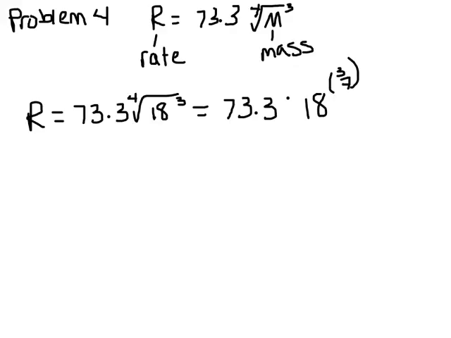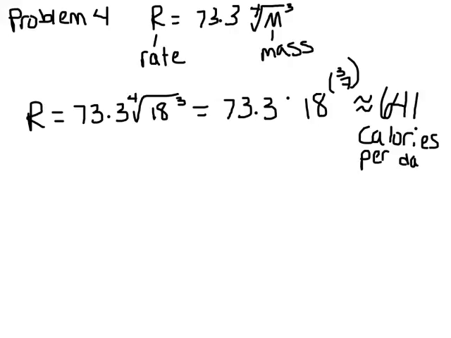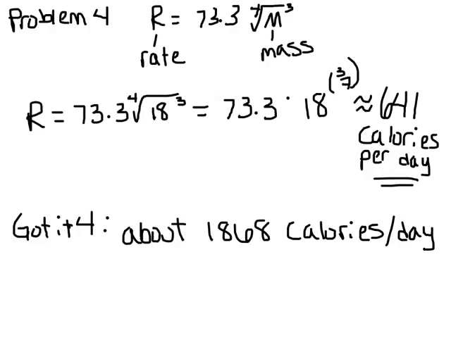And then when you hit enter, you'll get a big long decimal that we're going to round to the nearest calorie. So 641 calories per day. Make sure that you label that. Sorry, my handwriting is not the best with the stylus. I'm getting better. Alright, pause the video and do got it 4. For got it 4, you should have gotten about 1,868 calories per day.